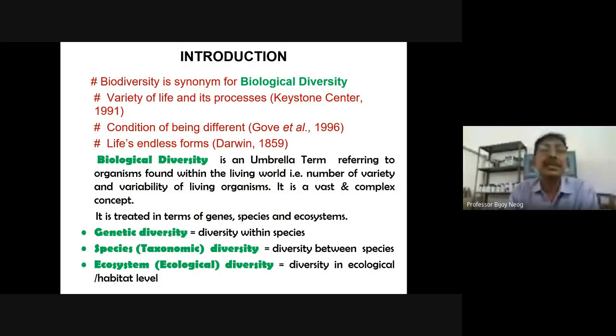These things are very common. Biological diversity is quite a big umbrella term, referring to the living organisms under it, and its definition is vast and complex from one to another. We have a lot of genetic diversity within the species, and the species diversity, also the ecosystem diversity.